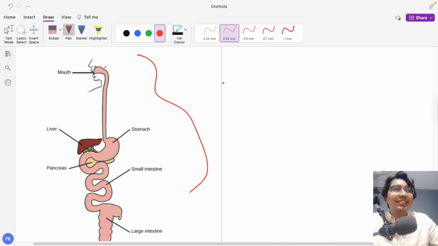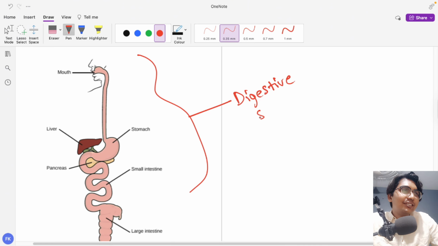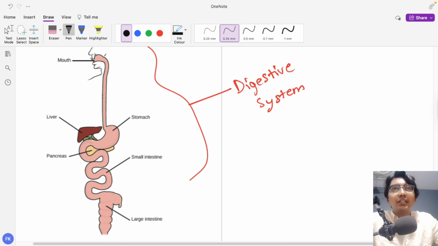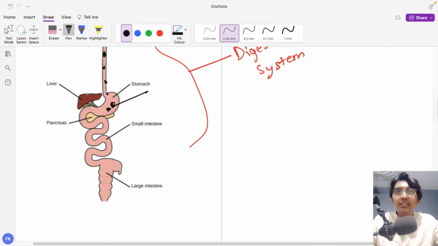So this is an organ system, the digestive system, right? So suppose you take a food particle, it goes from the mouth to the esophagus, right? The mouth is a separate organ. Then the food passes to the stomach, right? The stomach is a different organ. The liver releases bile, right? The pancreas releases enzymes.